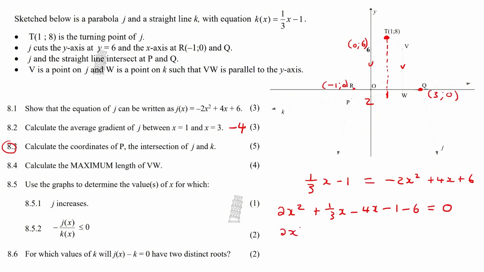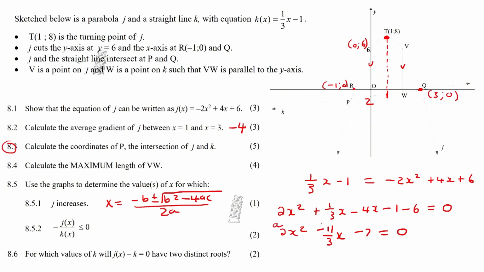And so 2x squared. Now this, if I type it on my calculator, you get negative 11 over 3x and then minus 7. I would not try factorize that in an exam. I would just go straight to the quadratic formula. So x equals minus b plus or minus the square root of b squared minus 4ac over 2a.